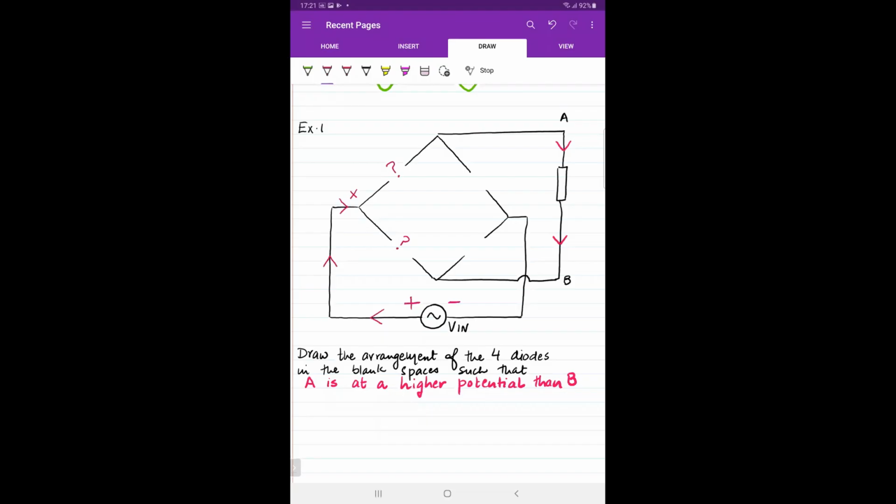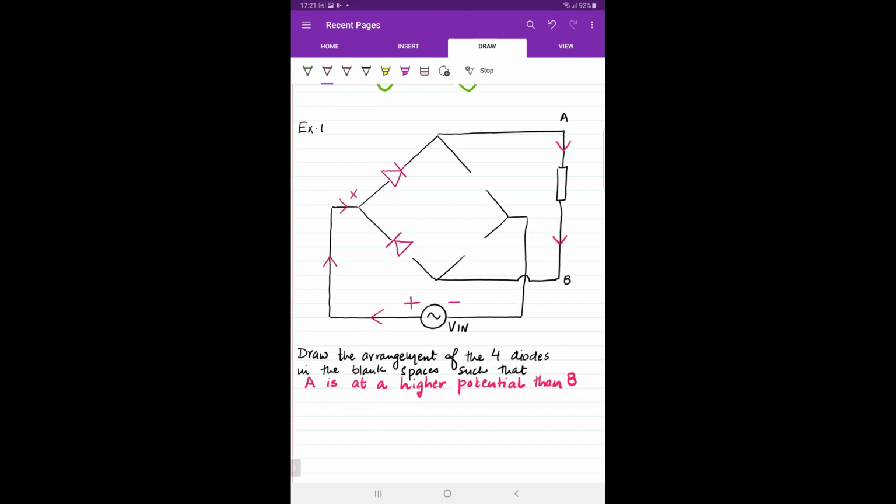Common sense does suggest that the question mark which I'm erasing, I would rather want the diode in that branch to be forward biased. And the other question mark which I'm about to erase, I would rather want the diode in this branch to be placed in a reverse biased mode.